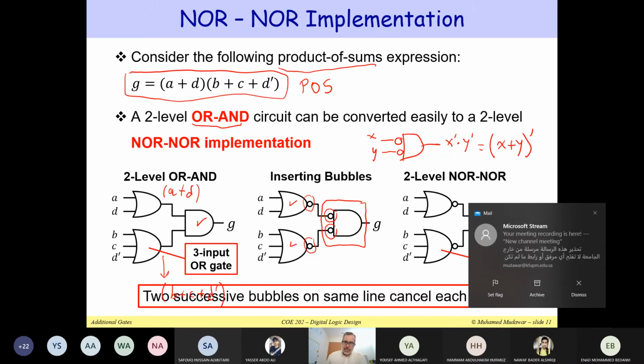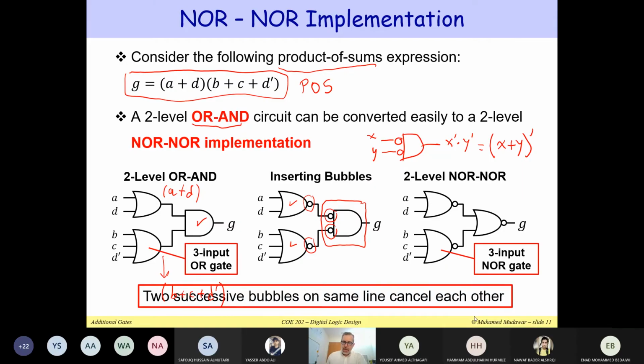So we can replace this gate here with a two-input NOR gate. So now what I have is a two-level NOR implementation. I'm using only NOR gates to implement the circuit.